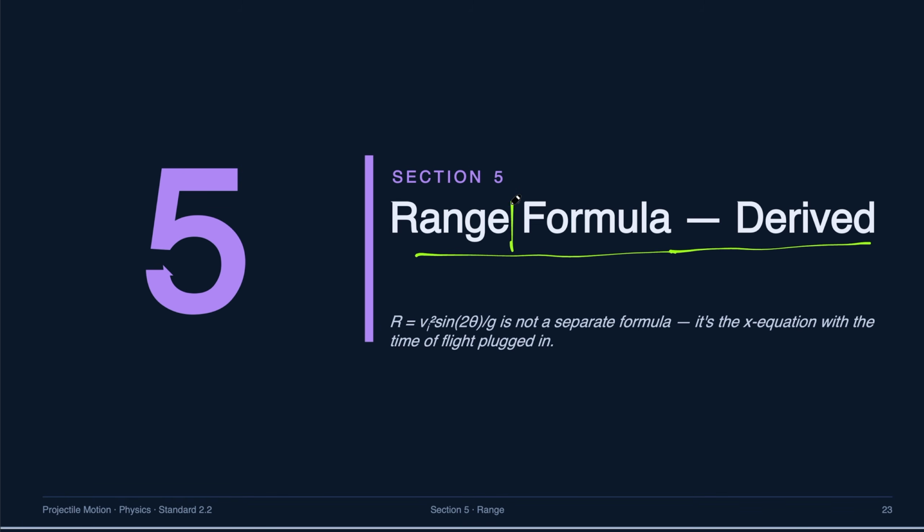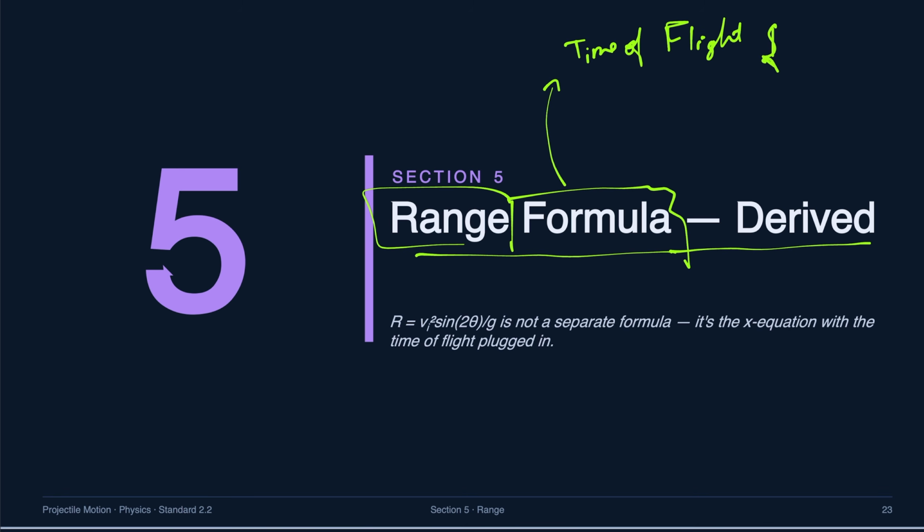Similar to the time of flight formula, this formula only works under one condition: the condition of level ground. That doesn't mean you're landing on ground. It just means that you start and you land in the same position.